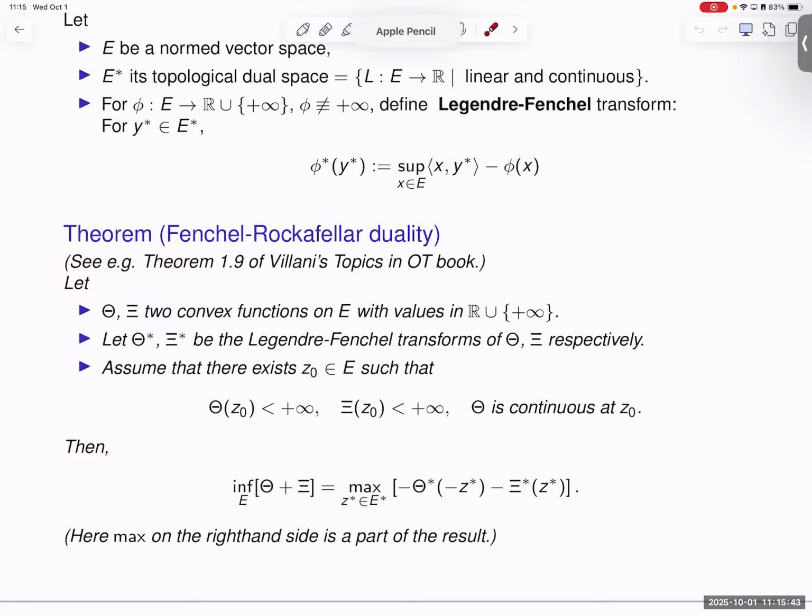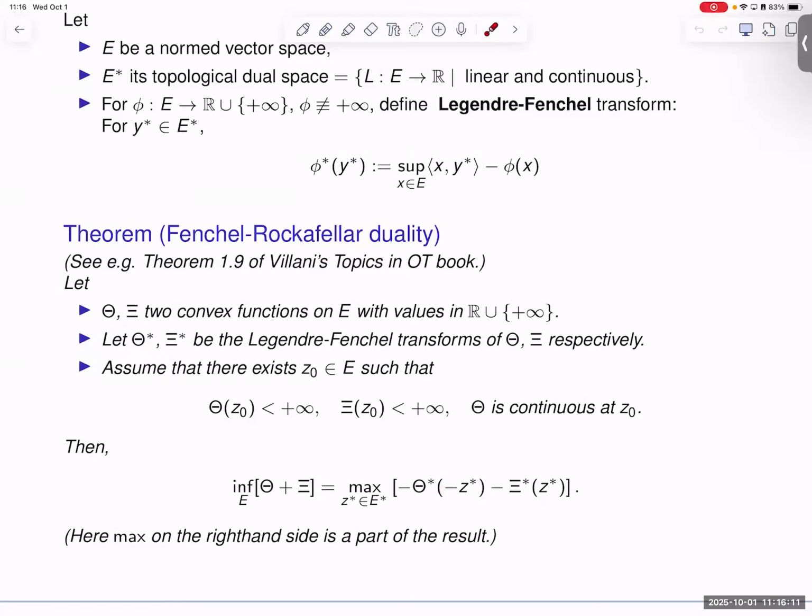So we have two convex functions, and then we consider their Legendre-Fenchel transform. And the Fenchel-Rockafellar duality says the infimum of the sum of convex functions is the same as the supremum of this expression. This is a sum of the negative of this Legendre transform, but you have this weird expression, negative z star here.